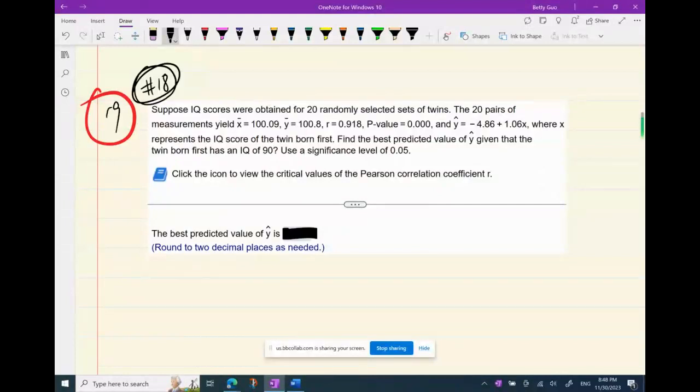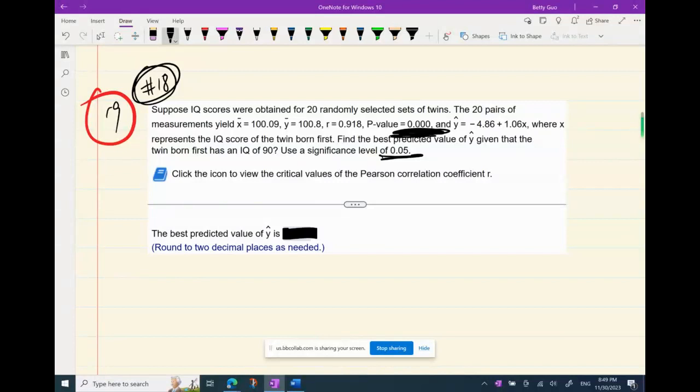Suppose IQ score were obtained for 20. Isn't that the same thing? Twins, yeah. Very good. Same thing, right? And this indicates a strong linear relationship exists. So this is a good model.